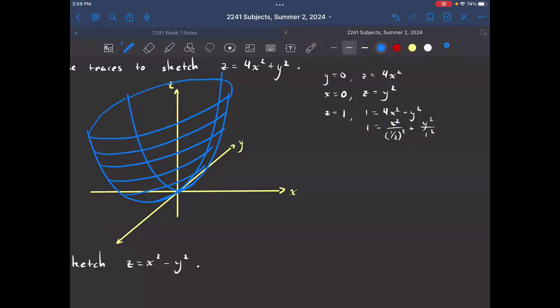Sort of like that. There we go. Okay, so there's our elliptic paraboloid in XYZ space.